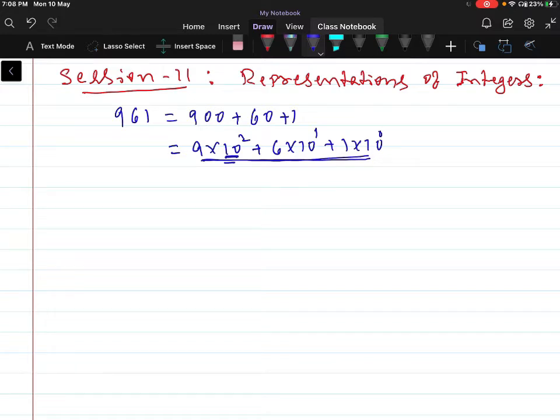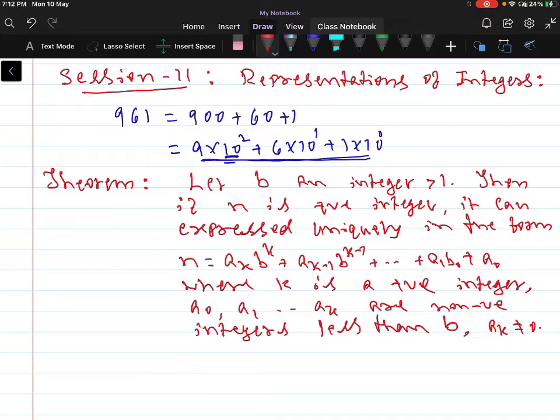In fact, we can use any integer greater than 1 as the base when expressing the integer. This is stated in the following theorem. Let b be an integer greater than 1.